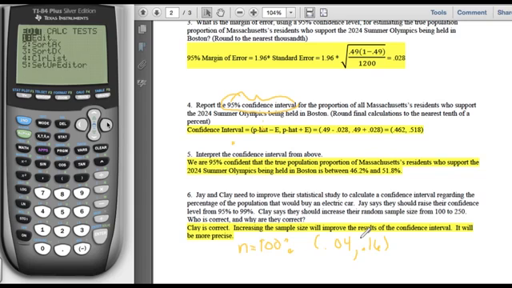If I go to Stat, Tests, letter A again, still 10%, 25 out of 250. So the same sample proportion, but this time I have a slightly narrower interval, 0.06 to 0.14.